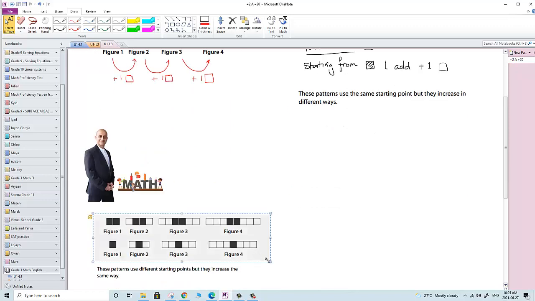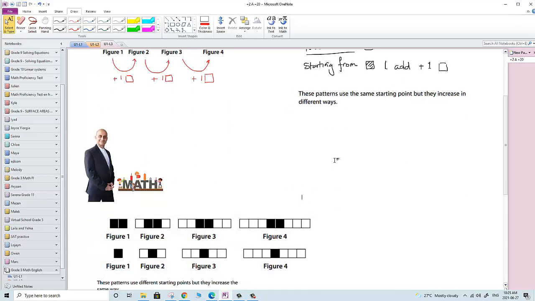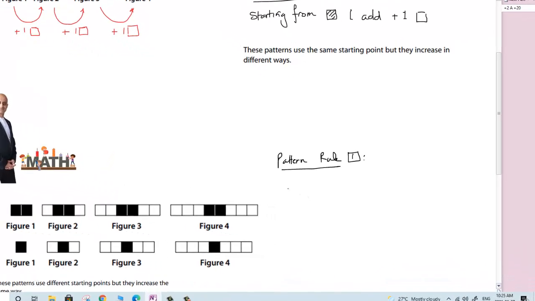Let's see another example. This example in front of us, for example, I'm going to say pattern rule for the first pattern. So I start from what? I start from 2 black blocks.